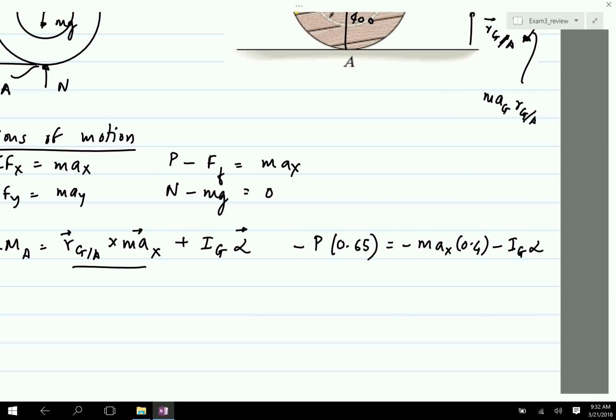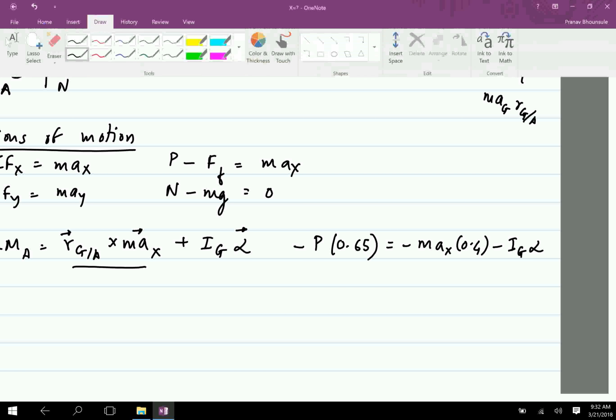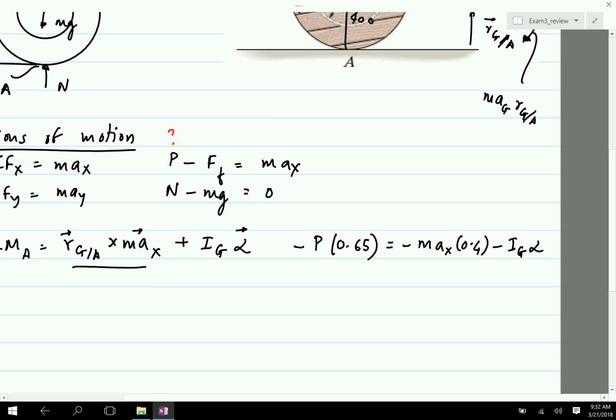Okay, so let's count the unknowns since we used up all the equations. P is known, FF is an unknown, acceleration x is an unknown, n is an unknown, what else? Alpha is an unknown.